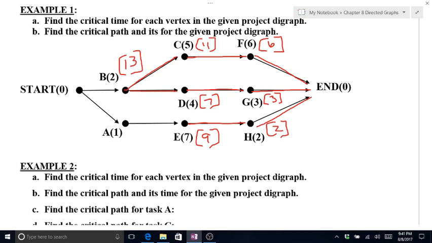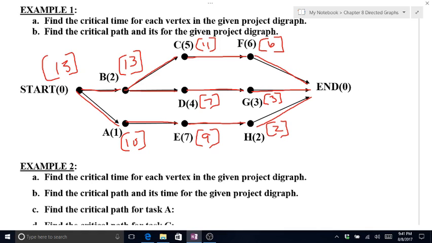And E goes backwards into A, so 9 and 1 give A 10. And then backwards into the start. My biggest number that goes backwards into start is a 13.